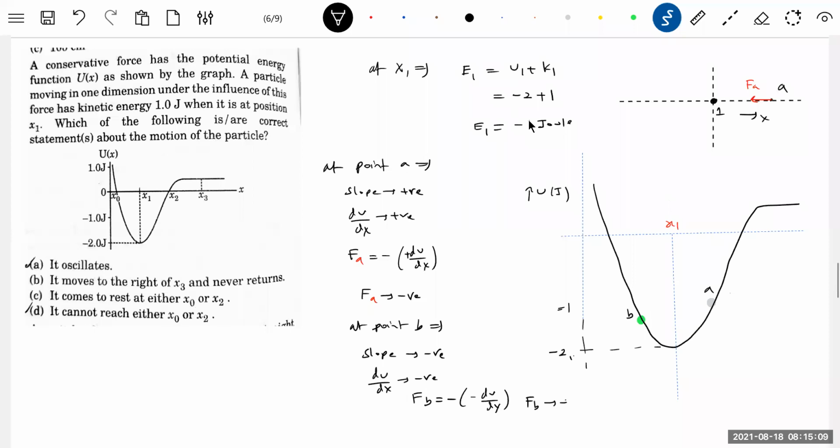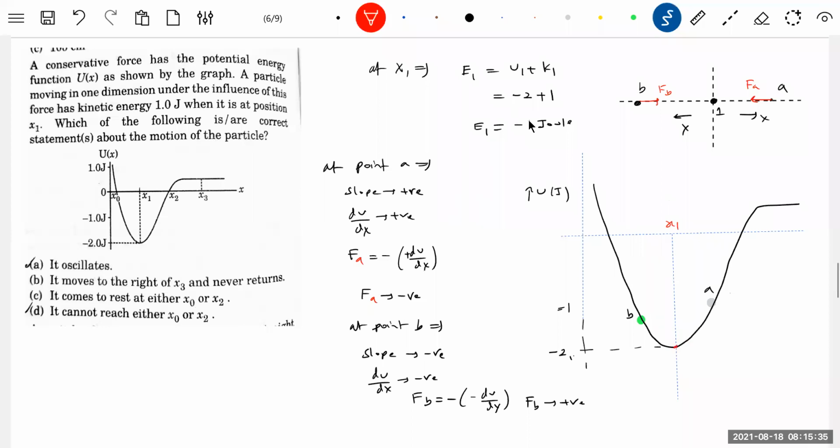I got Fb positive. Positive means if you displace the object to the point B, the force will act in this direction. So look at one, shall we call one as stable equilibrium? Yes, in fact.